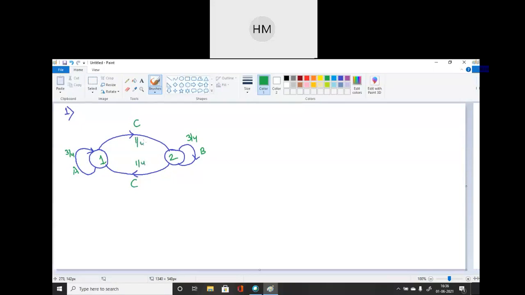So very simple diagram. Just how many nodes are there, students, in this? 2 nodes. We are having 2 states, that is 1 and 2. Symbols produced by transition from one state to another are A, B, and C with different probabilities shown. Clear? And the probability of each state, which is never mentioned in the question, we would have to find out.